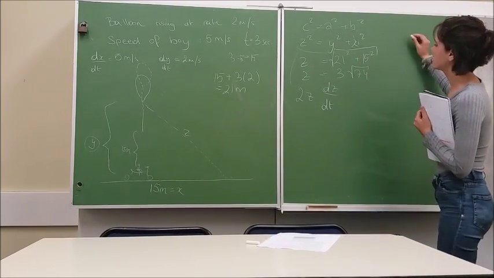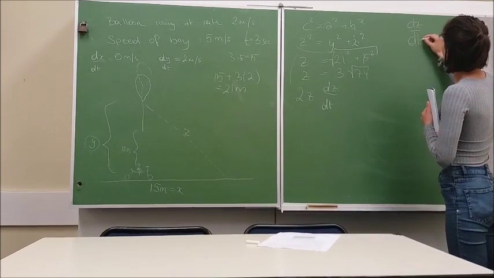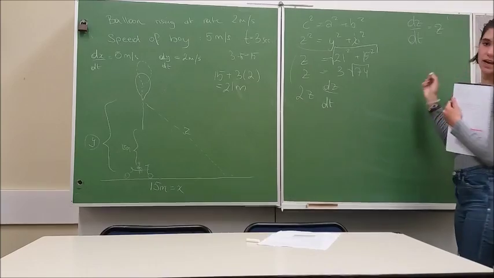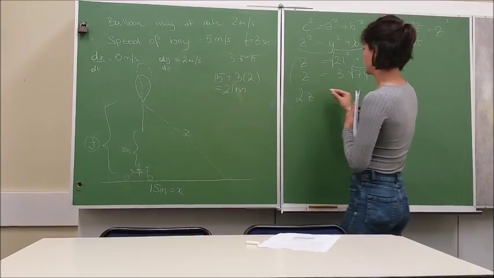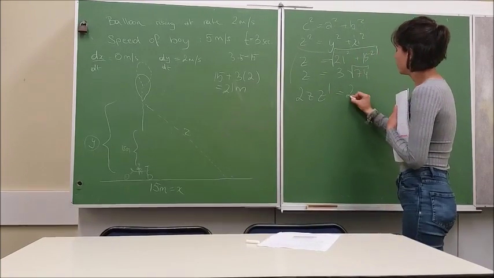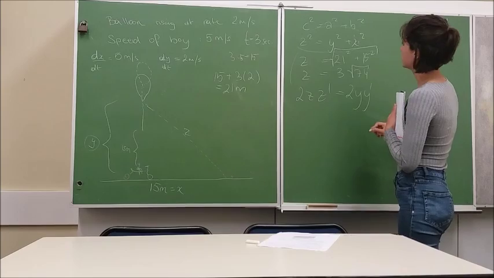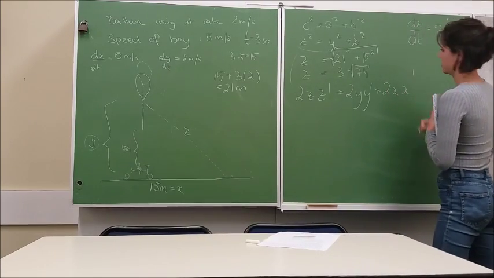I prefer using, instead of doing dz dt, I prefer just writing z dash. I'm going to change it afterwards, it's just easier for me to write. So it's 2z z dash equal to 2y y dash plus 2x x dash.